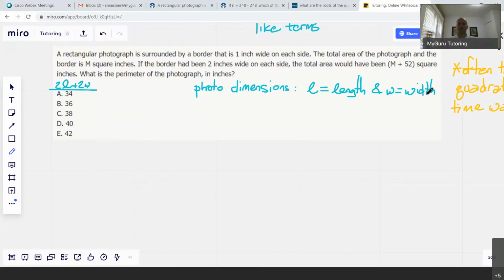So then we're told that the total area of the photograph and the border that is 1 inch wide on each side is M square inches.